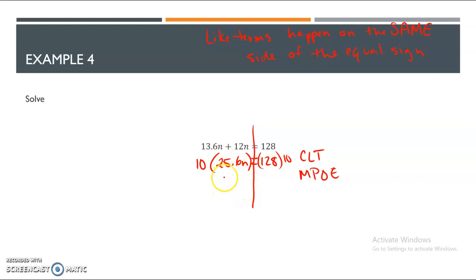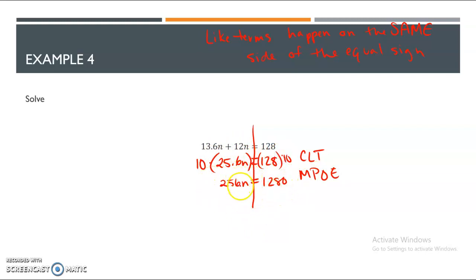It just, in my mind, makes my mind work easier. And so when I multiply 25.6n times 10, I get 256n, and it'll equal, and then 128 times 10 is 1,280. And so that was the multiplication property of equality because we were multiplying both sides by 10.